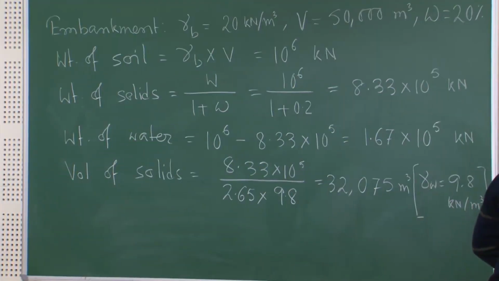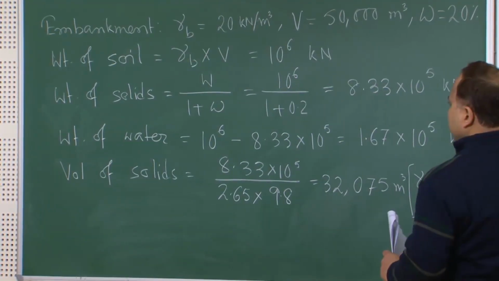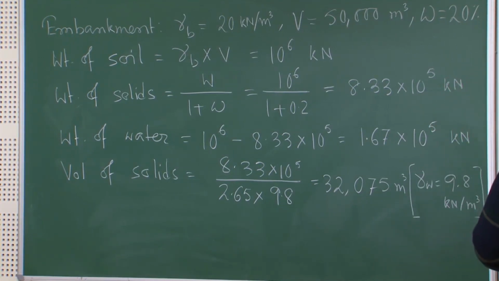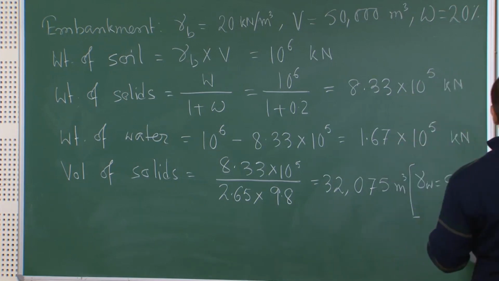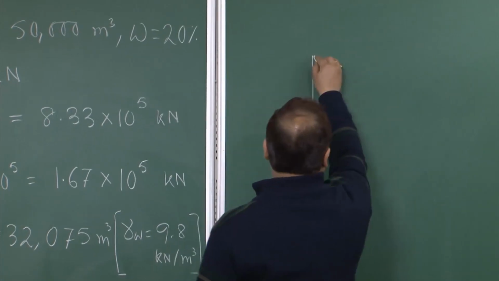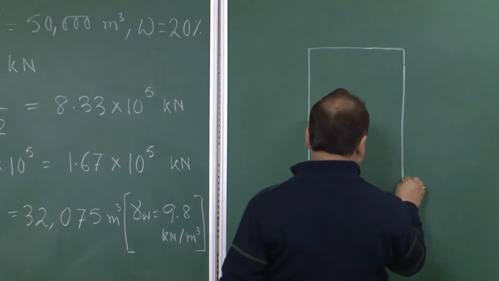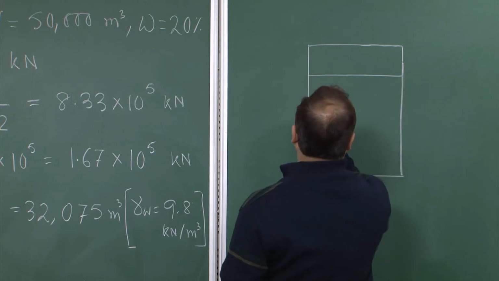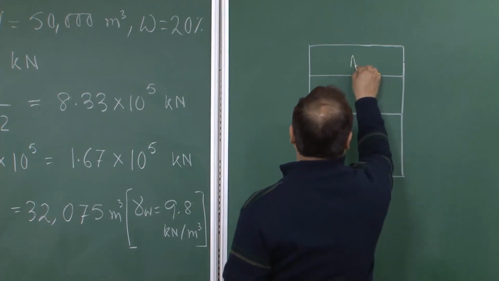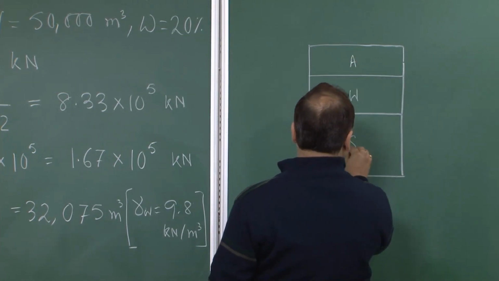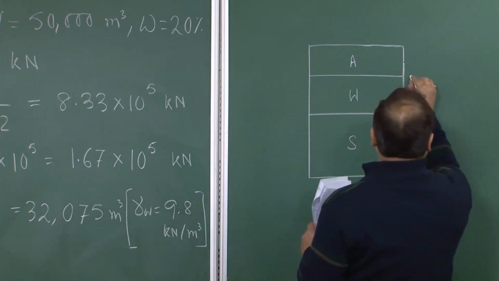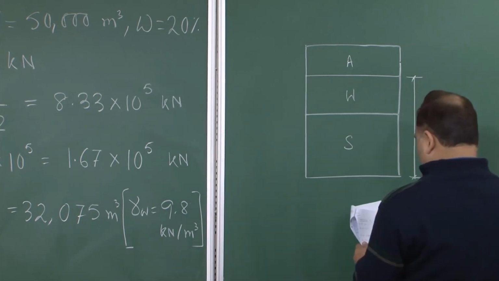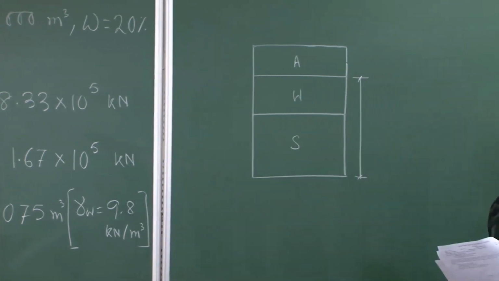Now, if you try to plot the three-phase diagram, or rather the phase diagram for this embankment soil, it will look like this. So, let us draw that. This is your air, this is your water, this is your soil solid. On this side you have the weight axis.